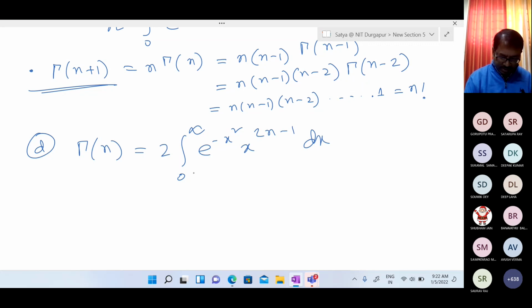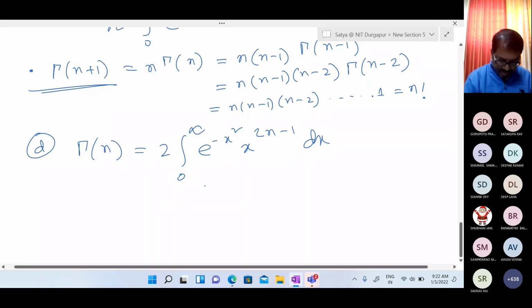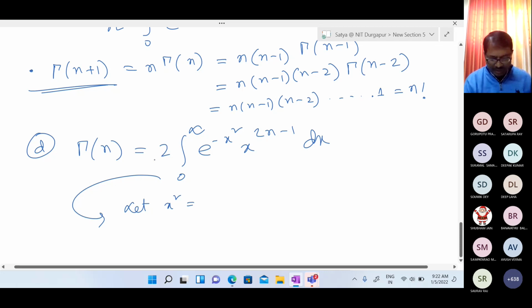Okay, we can start from here. Suppose we take x square equal to t. Why are we taking this? Because we start from the right side and need to convert it somehow into gamma, and then prove the left side, gamma n. According to the definition we need e to the power minus some variable.